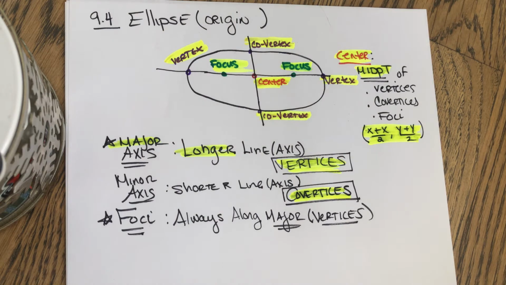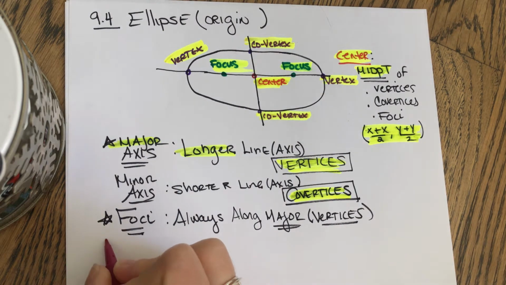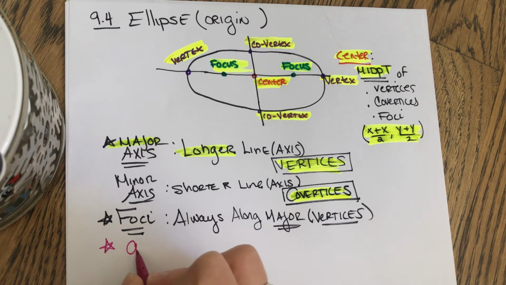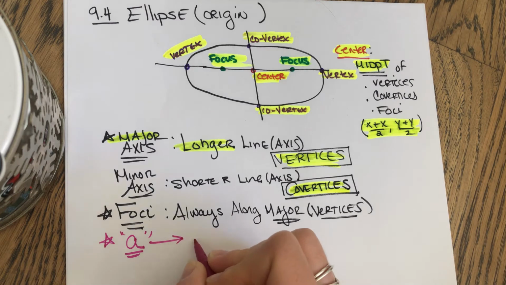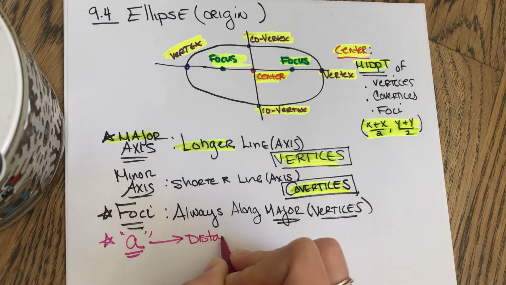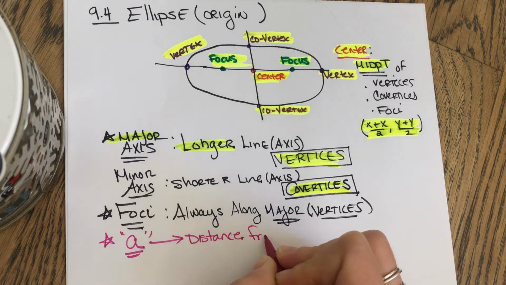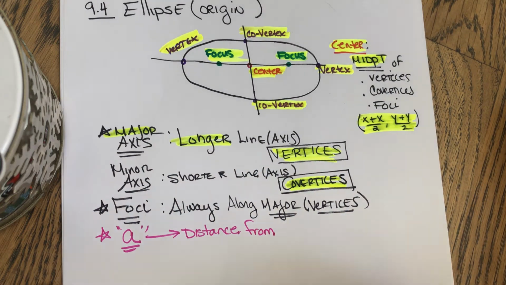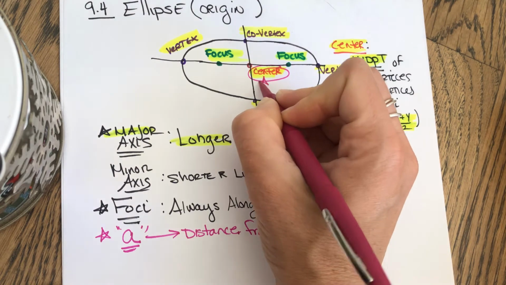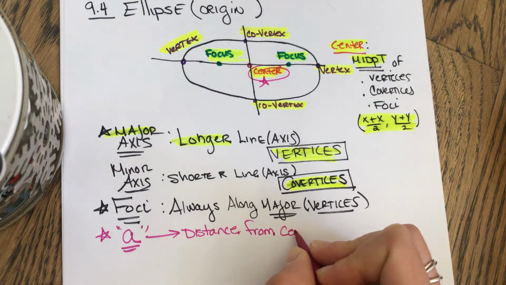All right, so you have distances. So very important, you have this A value, because it's going to be in our formula that you're going to see me write down here. A value is your distance from the center. Everything starts from the center, and that's definitely a mistake a lot of kids make, so please make sure you understand everything is starting from the center out.